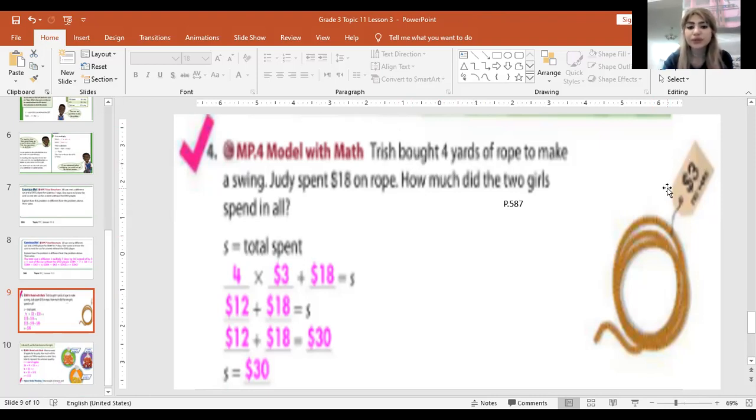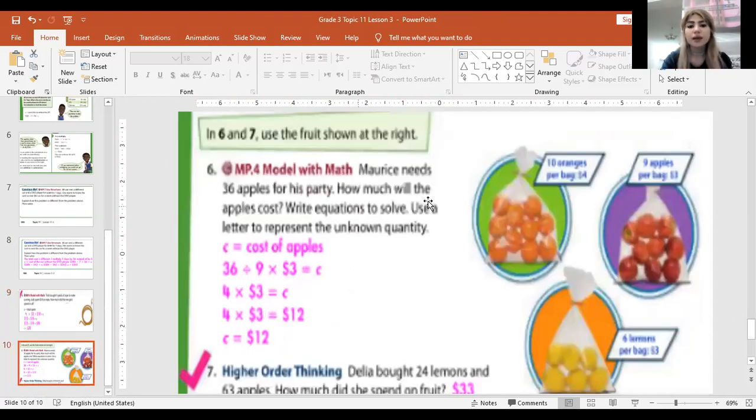So 4 multiplied by 3 is 12, plus the 18 that she spent on the rope, to know how much she spent in all. So 12 plus 18 is $30. Here I used multiplication and addition. This example is very important. Solve it in your copybook and show it to me.